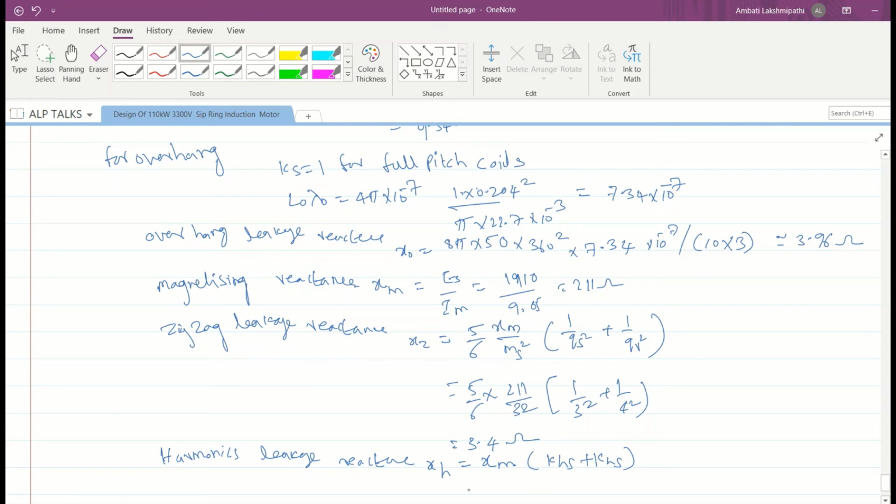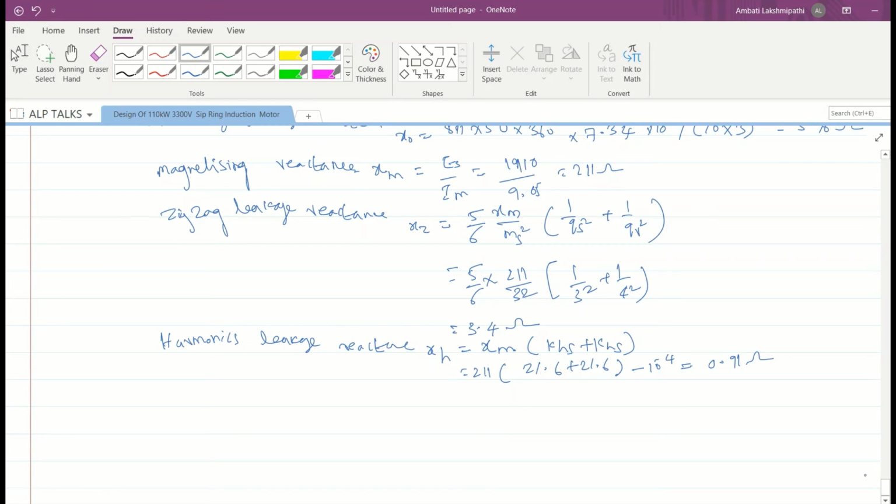For this case 211 is the Xm value, 21.6 plus 21.6, into 10 power minus 4. So you will get a value of 0.91 ohms.